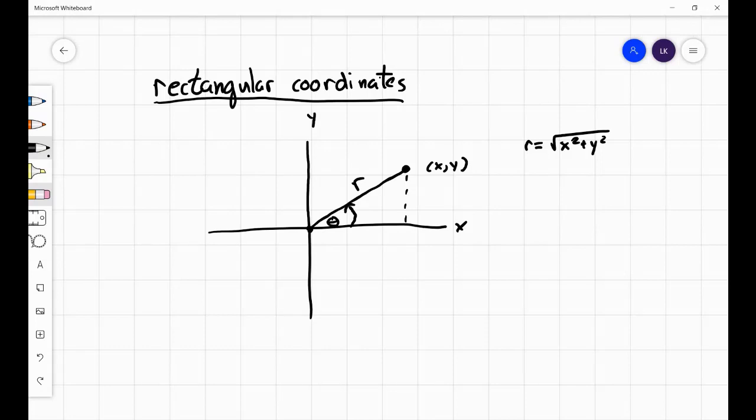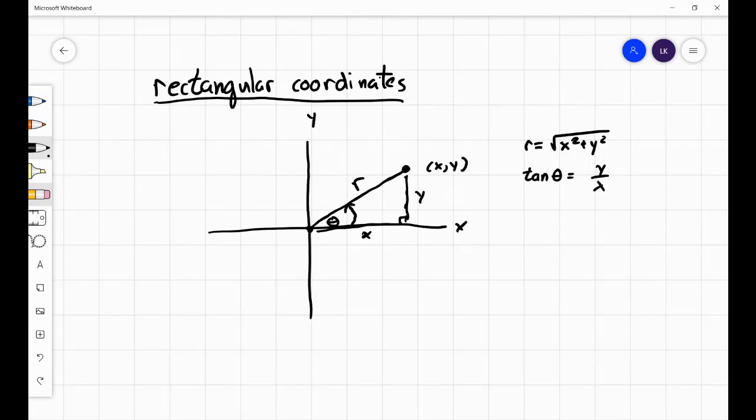And we know that tangent of that angle will be y over x, because y is the opposite side of a right triangle, x is the adjacent side.